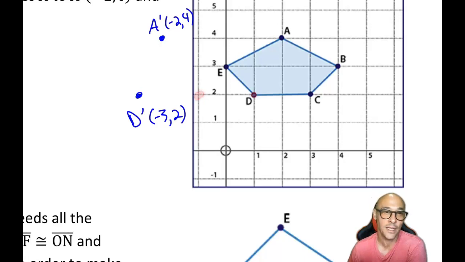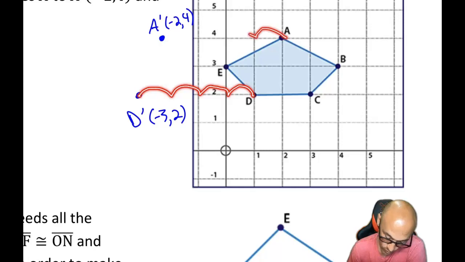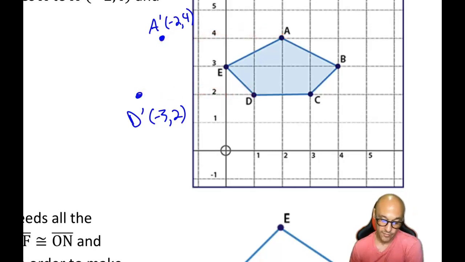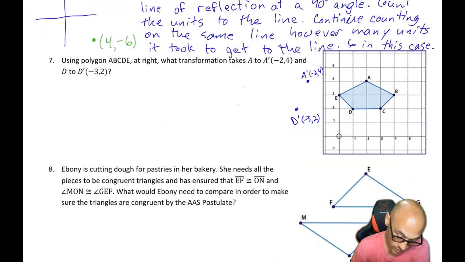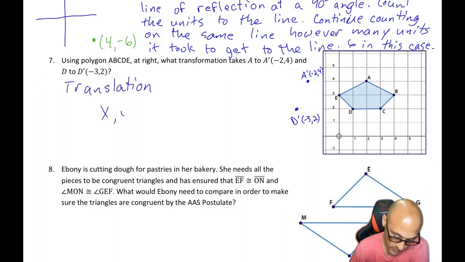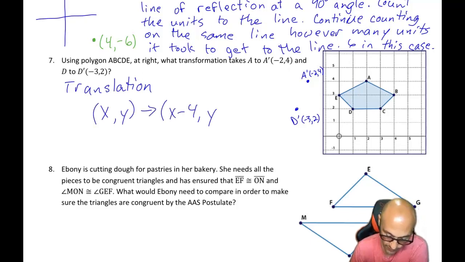That means it must be a translation because they both move to the left. 1, 2, 3, 4. 1, 2, 3, 4. So they both move to the left 4, and that's a translation. Let's just give the rule. It takes (x, y) to (x - 4, y), that's to the left 4, but the y value stays the same.